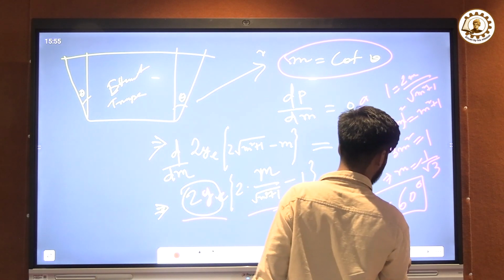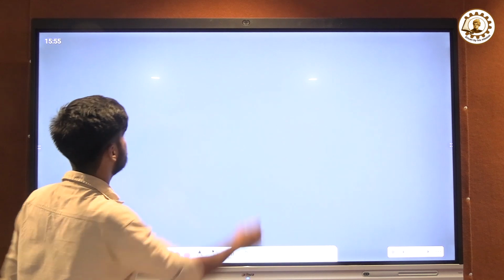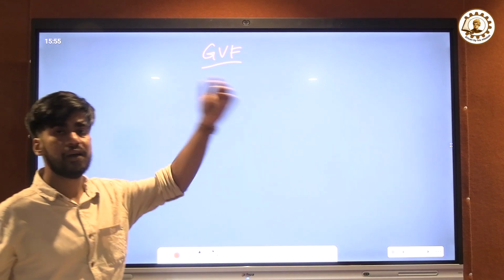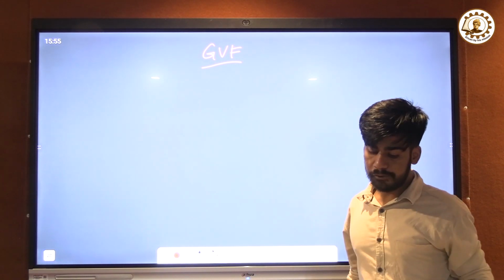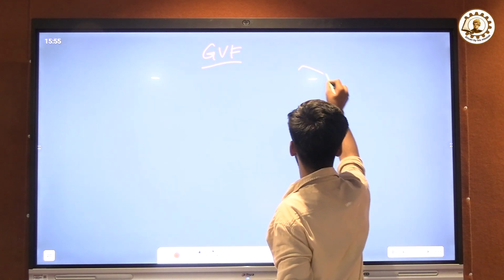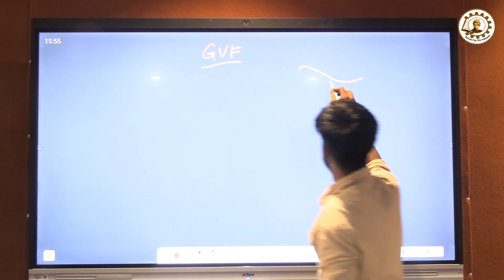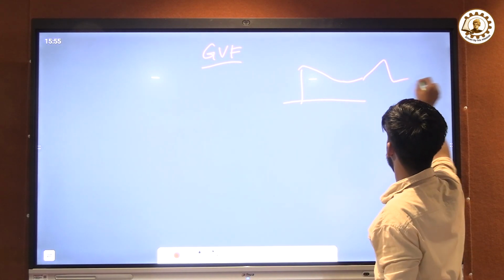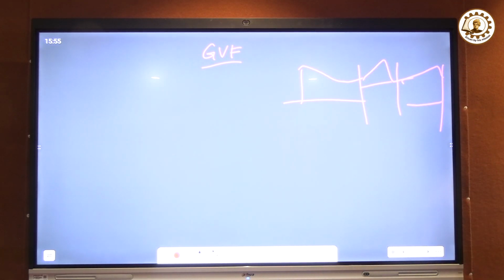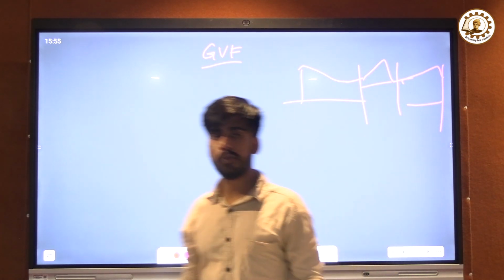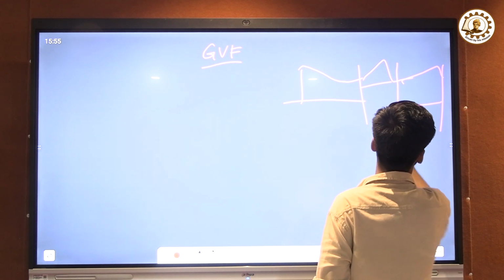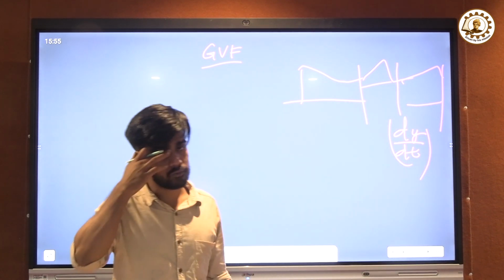Then comes our next class, GVF. What is a GVF? GVF is gradually varied flow. If at constant discharge the flow profile changes gradually, or the dy dt changes, then this is called the gradually varied flow profile.